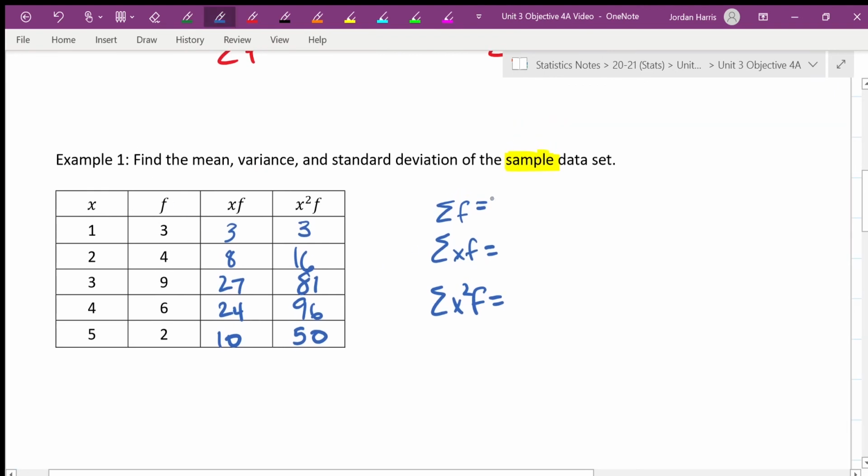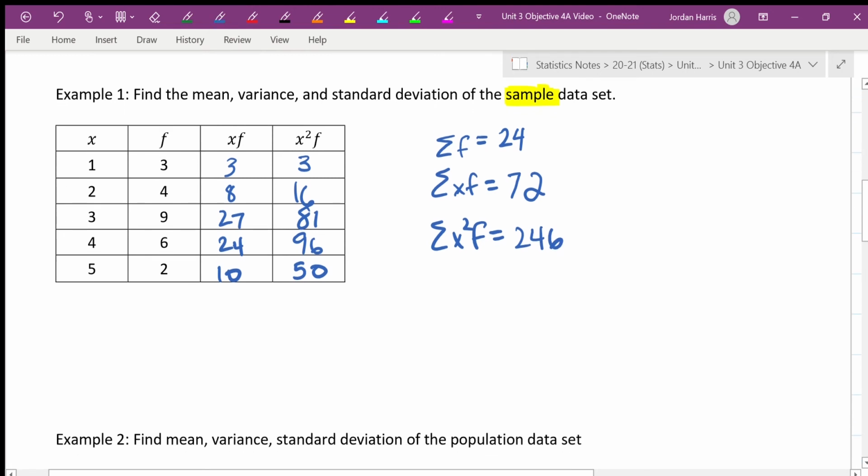This is the total number of data points I have, 24. Sum of xf, add up the xf column. This represents the sum of all the data because we're taking each data point, multiplying by its frequency, and adding them up. So it's the sum of all the data. The last one, sum of x squared f. So we add up that last column, and that is the sum of all the squared data points.